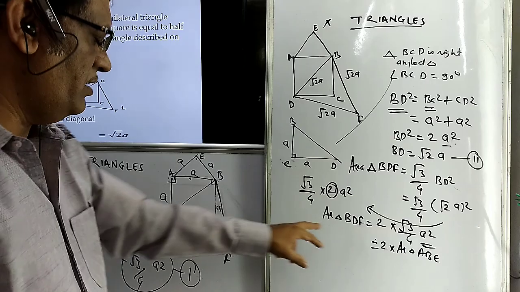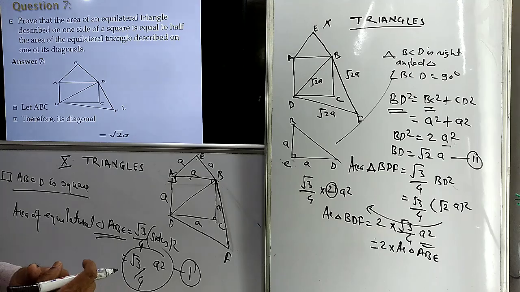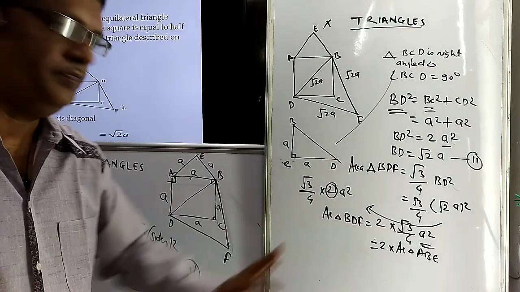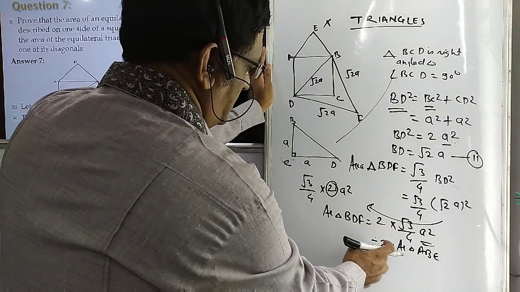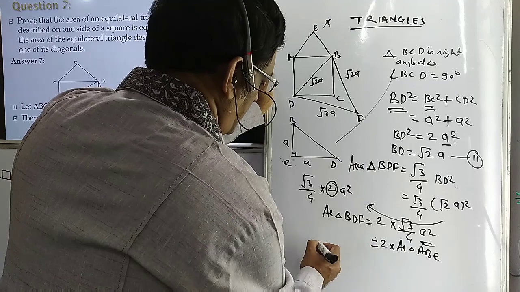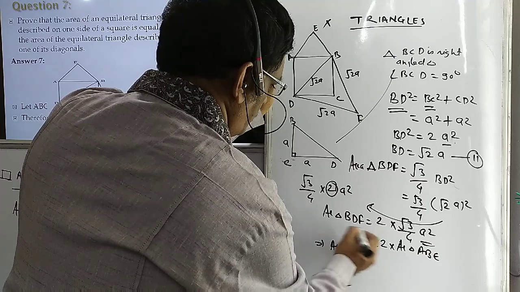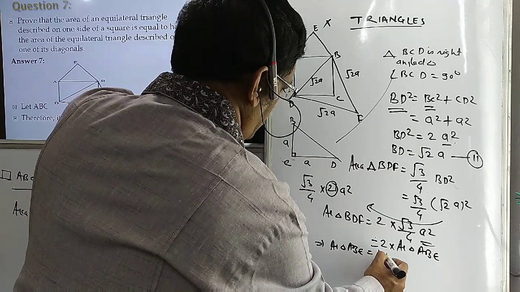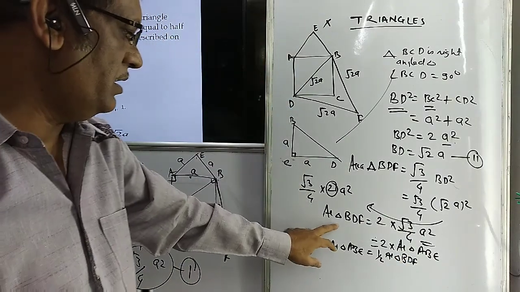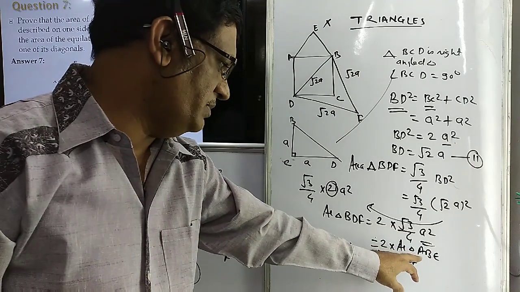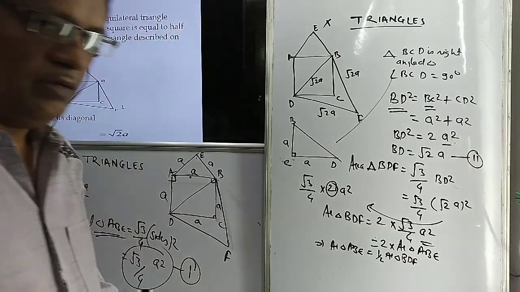So the area of triangle BDF equals 2 times the area of triangle ABE. So area of triangle BDF equals twice the area of triangle ABE, or the area of triangle ABE is equal to half of the area of triangle BDF.